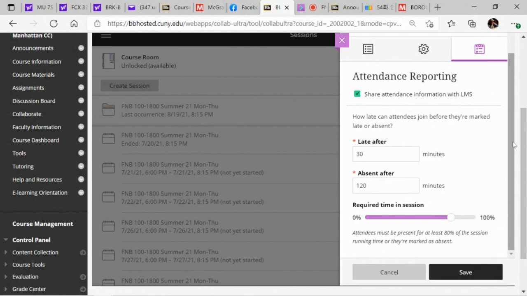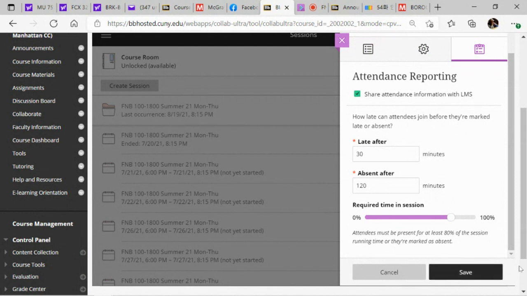I heard that ding. That means somebody dropped a line in the chat box. Yeah. Okay. So there's attendance reporting. I didn't know this before, but I just discovered this feature.